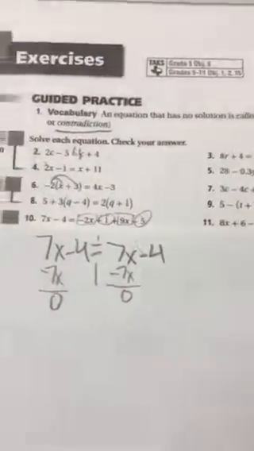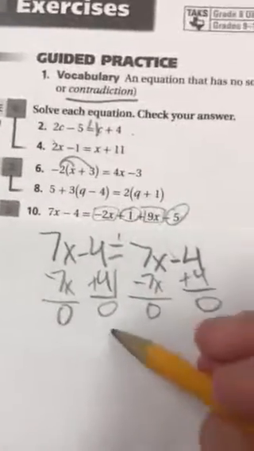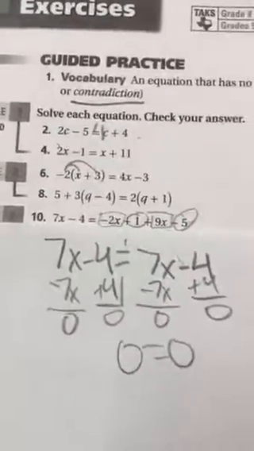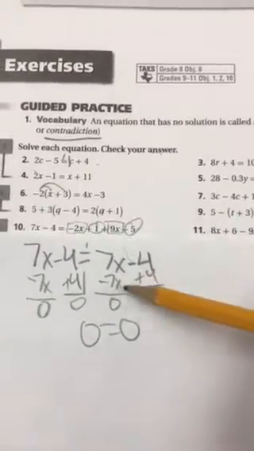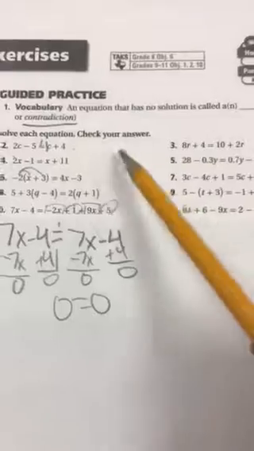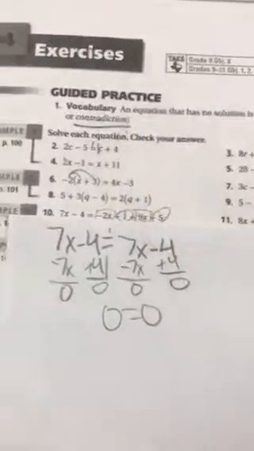Do we think this equation will have a solution? That is 0, that is 0. So really we have 0 equals 0, which I guess is true, but we do not have a solution for our x. So this is what you call a contradiction. All comes full circle. Look at that.